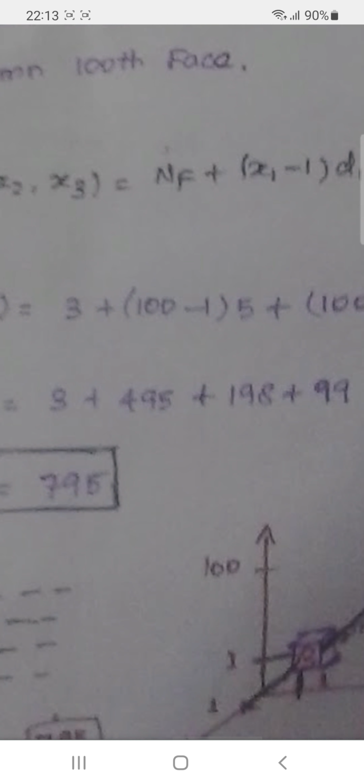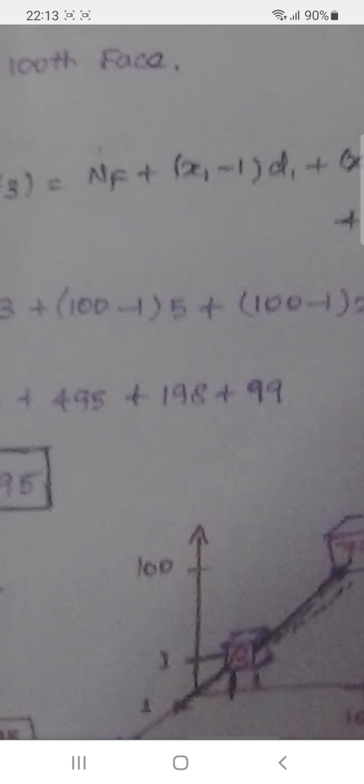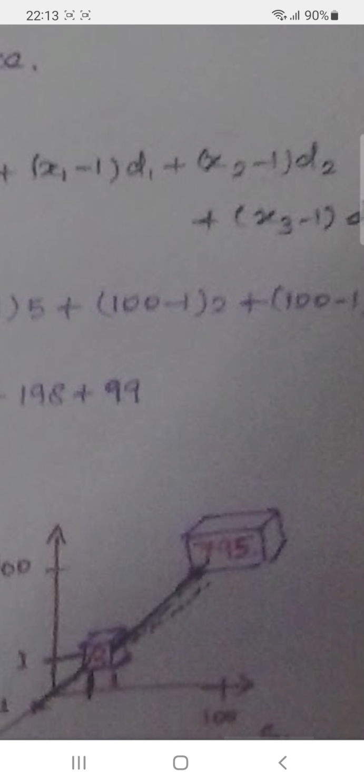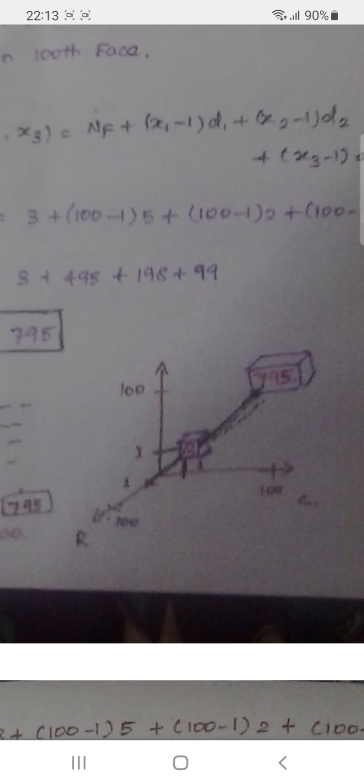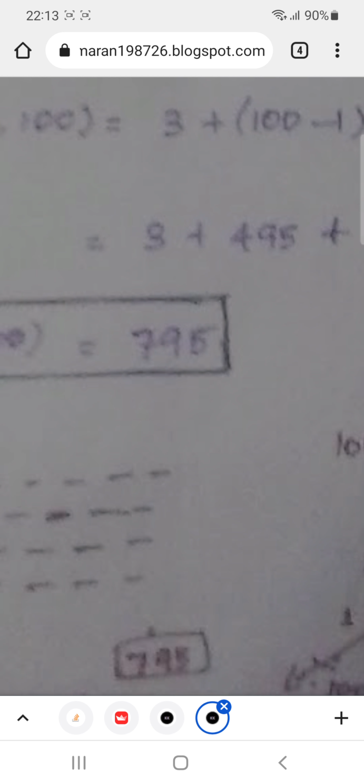If I plot the information, the first number is 3, and then the formula is x minus 1 d1, x minus 2 d2. Likewise I plot, and finally the value I'm getting is 795.